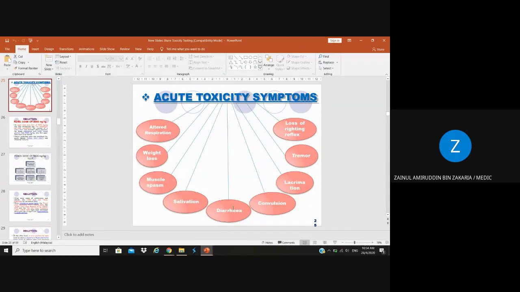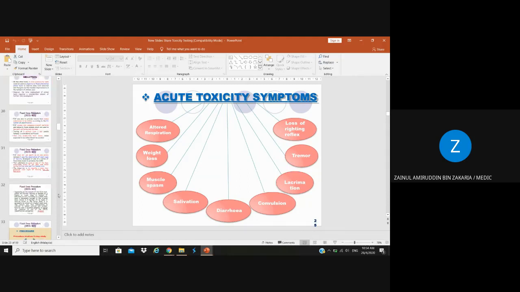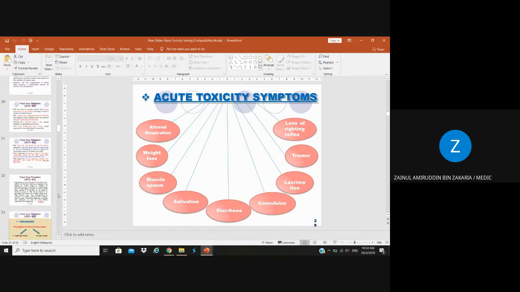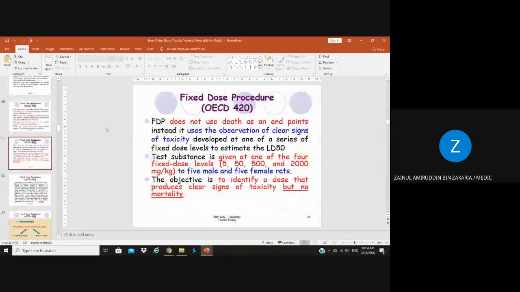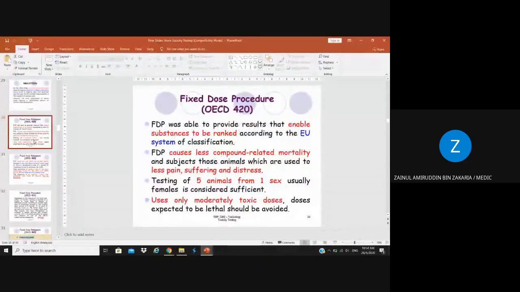You don't have to wait until you see convulsion or tremor, for example. This is causing the animal to suffer, right? So if you see more saliva coming out, or diarrhea, or weight loss, you can stop the experiment already. So you are causing less pain, less distress, or less suffering to the animal. That's what we mean.